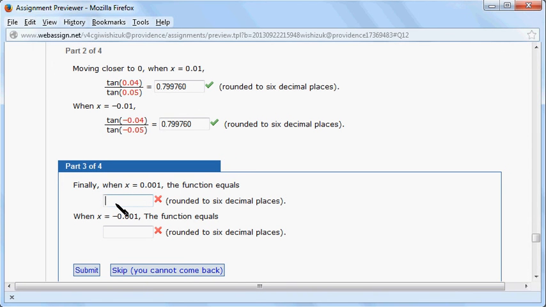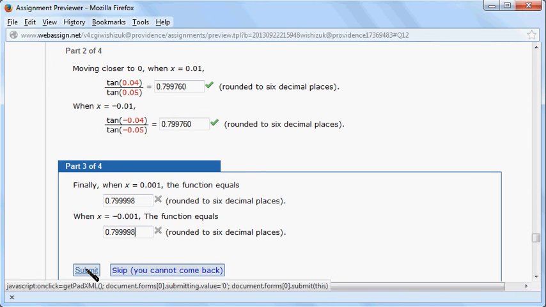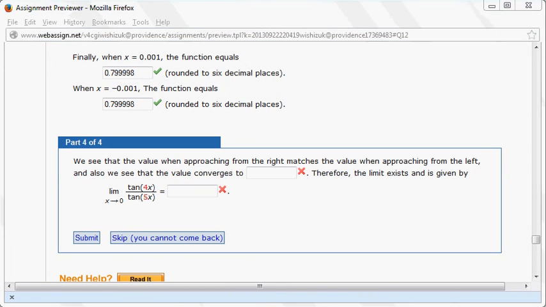The value was 0.799998, and the same here. Let's check the answer. I came back and it looks like we got part 3 correctly.